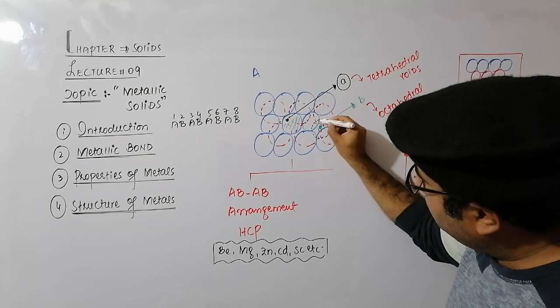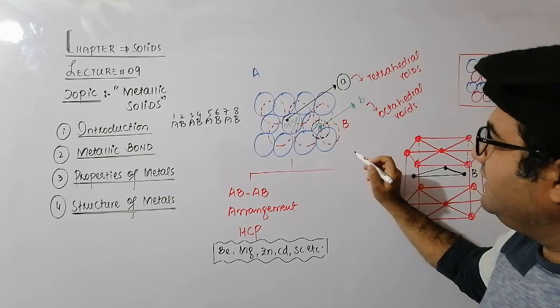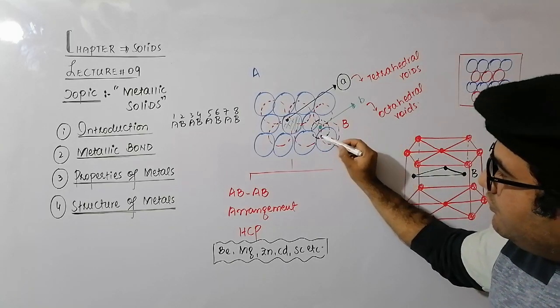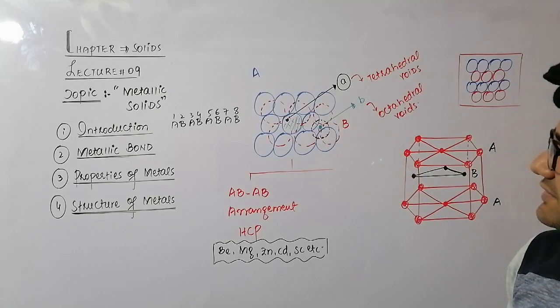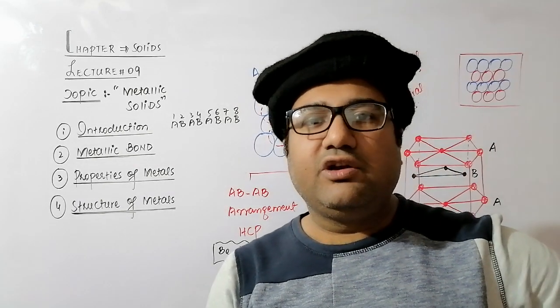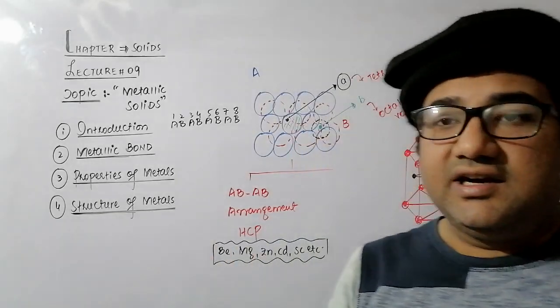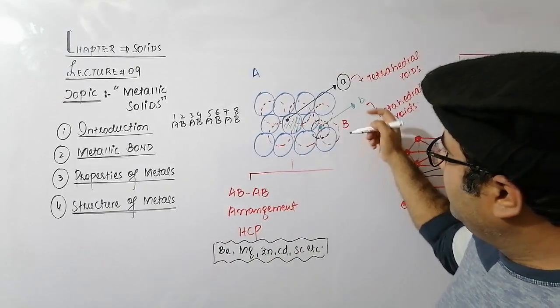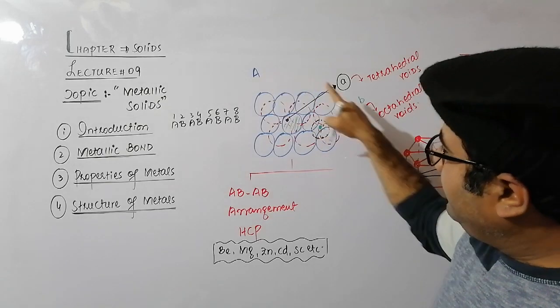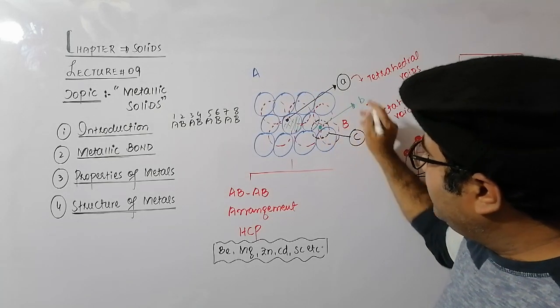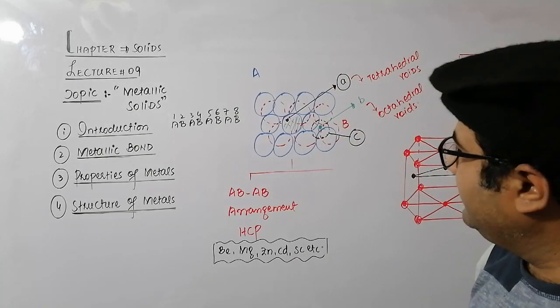Here will be the ball. And you can see that this ball of the third layer is not exactly on any of these blue balls. So the ball of the third layer will not be exactly on the ball of the first layer, but the third layer will be a different one. So if the first layer is A, second layer is B, then the third layer will be C, because that is different from these two layers, A and B.